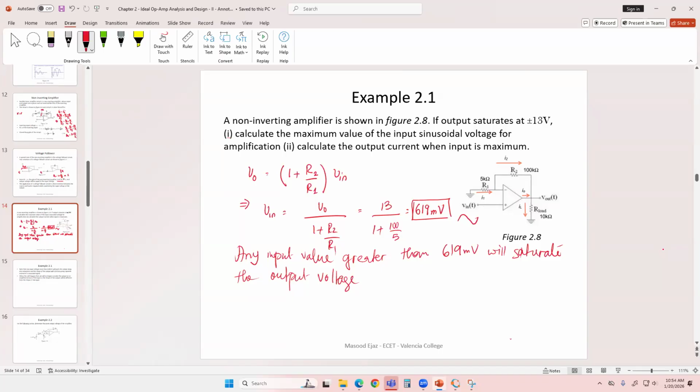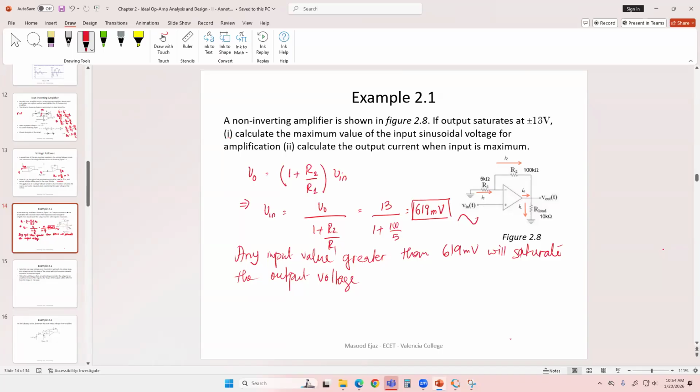Make sense? So that's part number one. What is the maximum value of the input for which the output is not going to saturate, or the maximum value for the amplification? Any value greater than this is going to saturate the output.